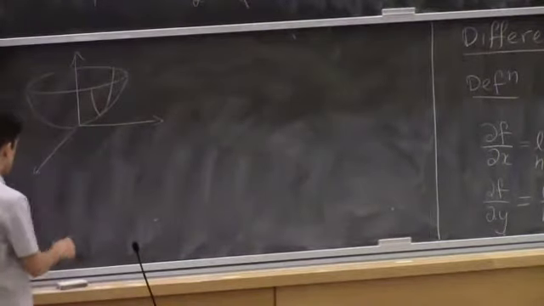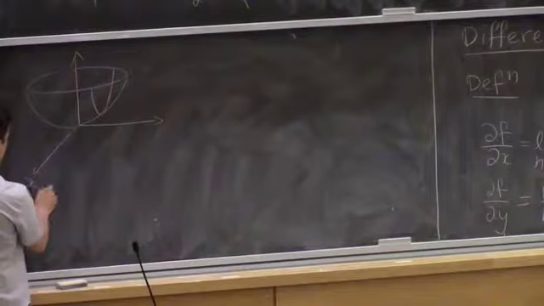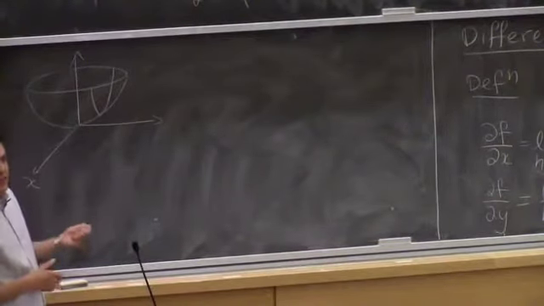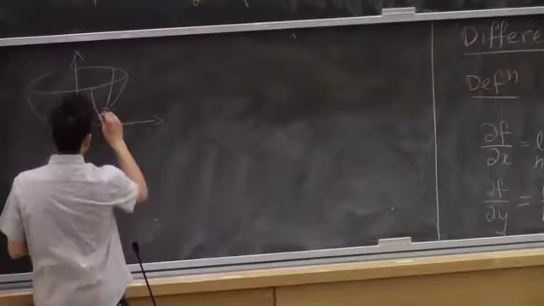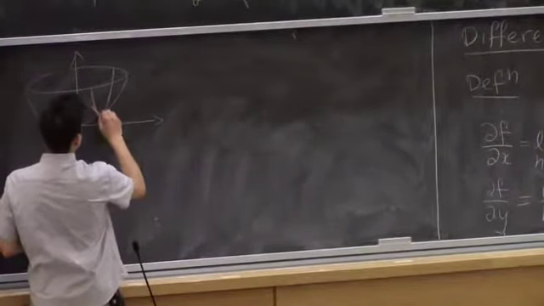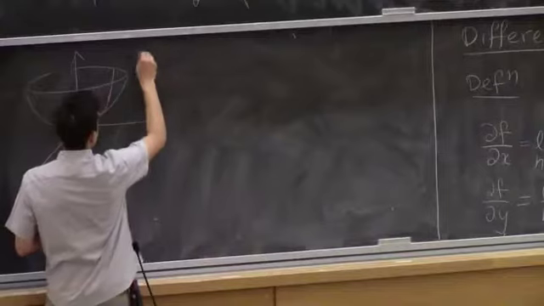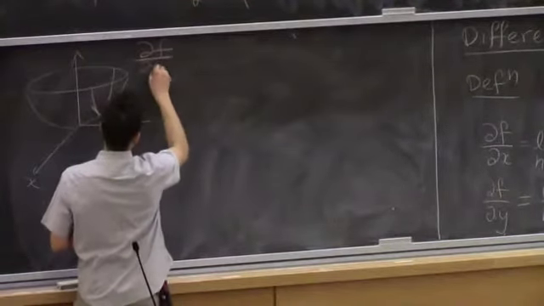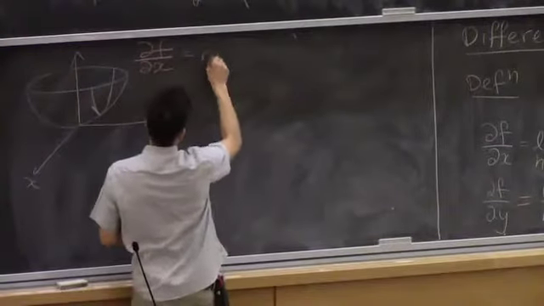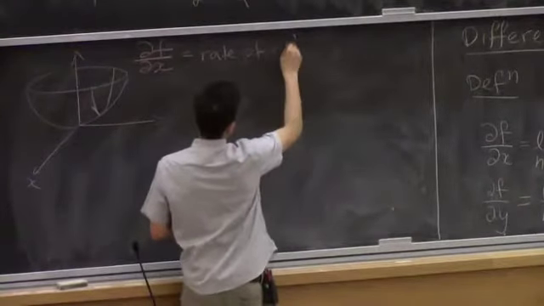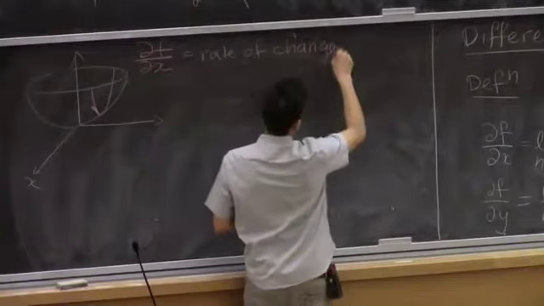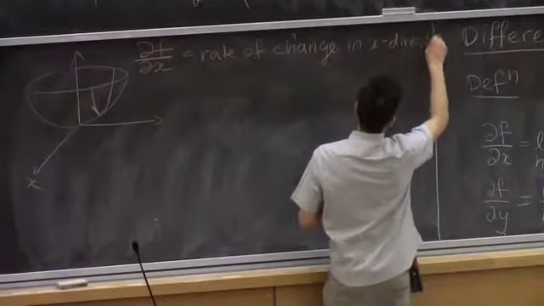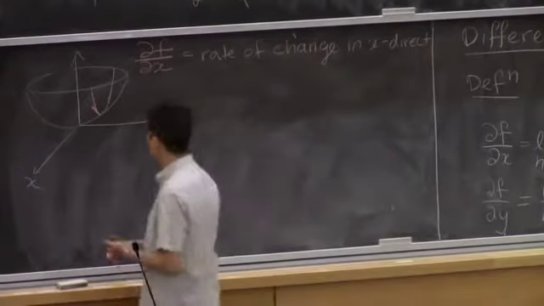Okay, so recall that this is our x-axis here. Okay, and what df dx measures is the rate of change in the x direction of our function.